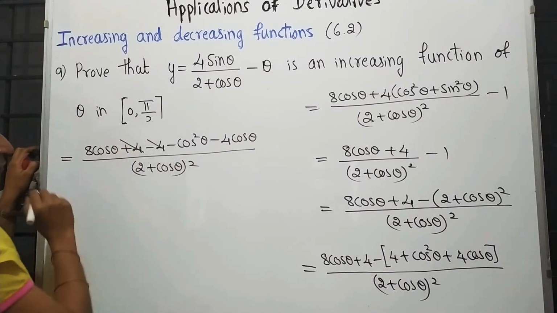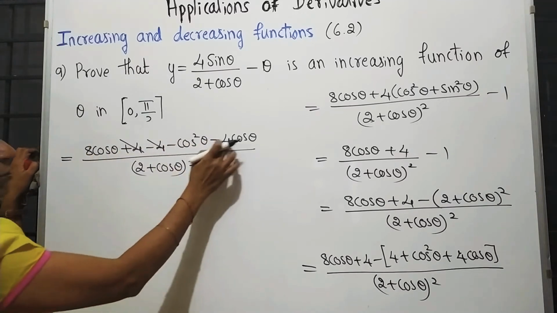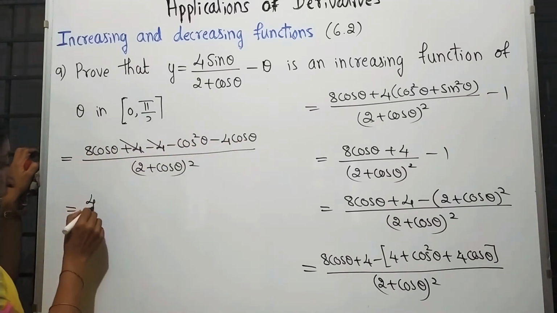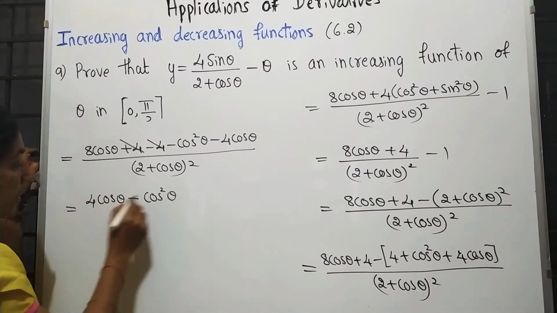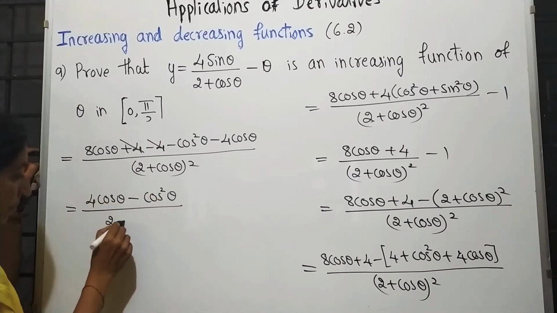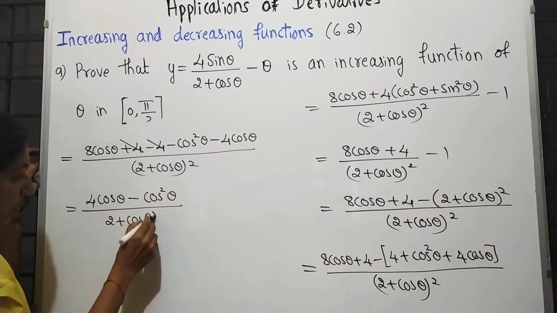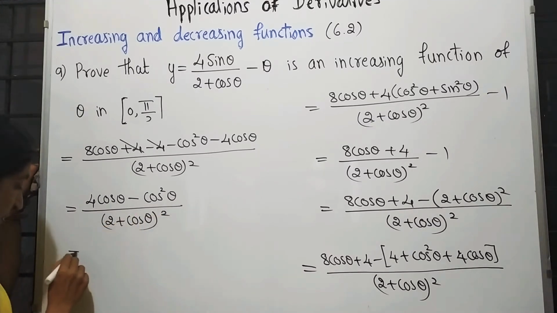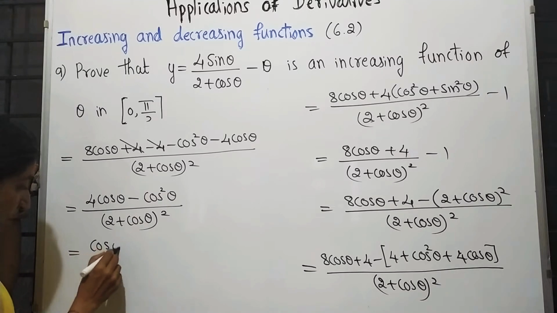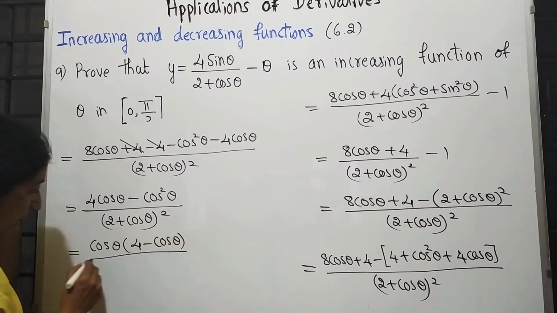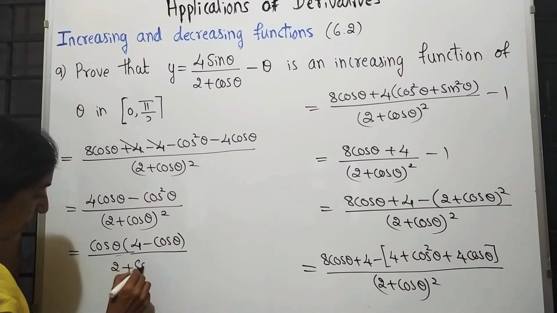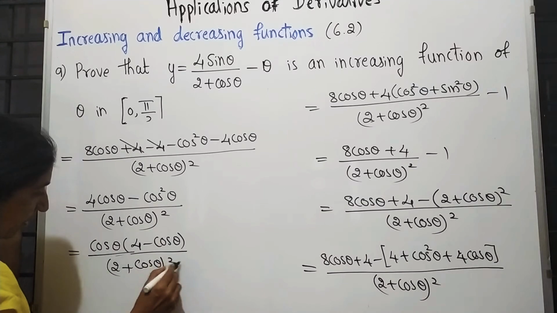Plus 4 minus 4 gets cancelled. 8 cos theta minus 4 cos theta is 4 cos theta minus cos square theta, divided by 2 plus cos theta whole square. This we can write as cos theta common, 4 minus cos theta, divided by 2 plus cos theta whole square.